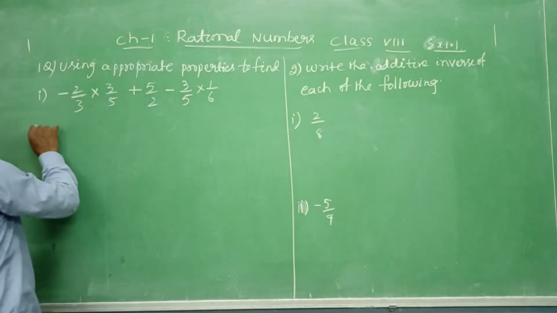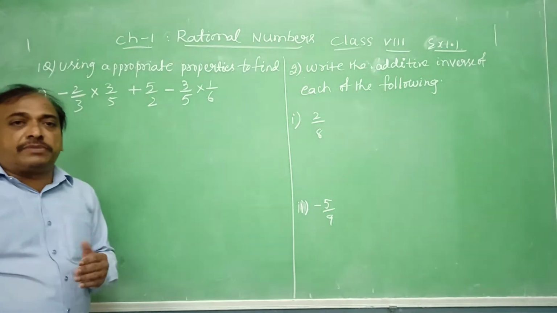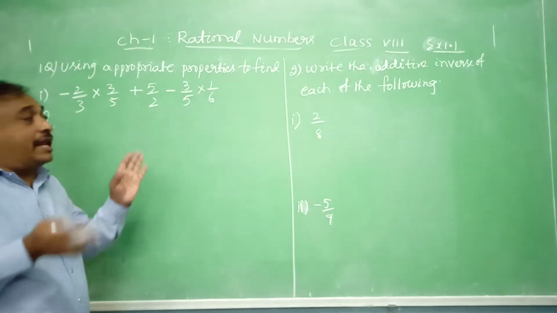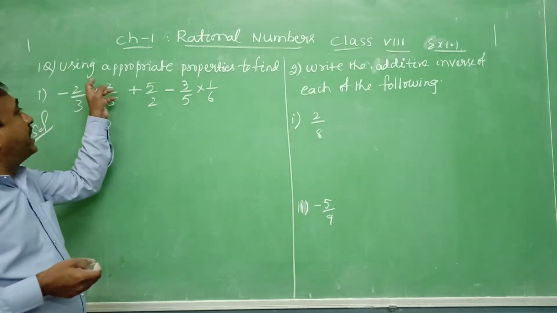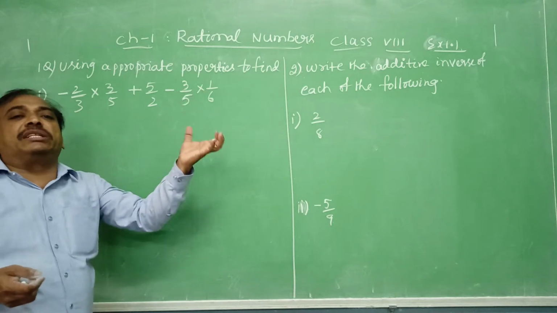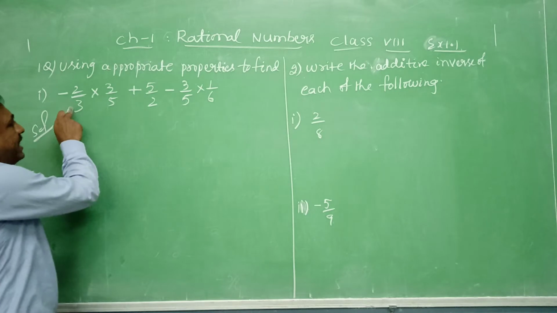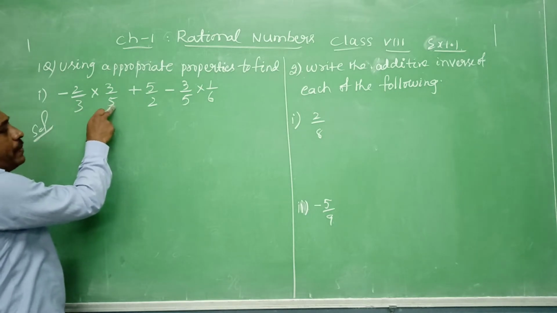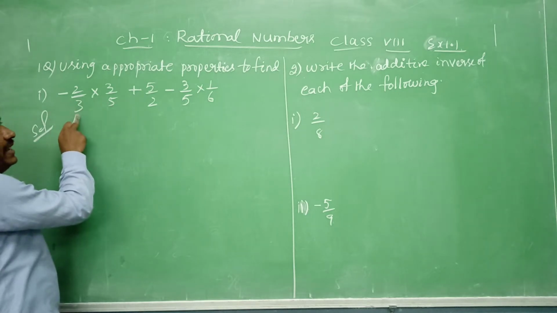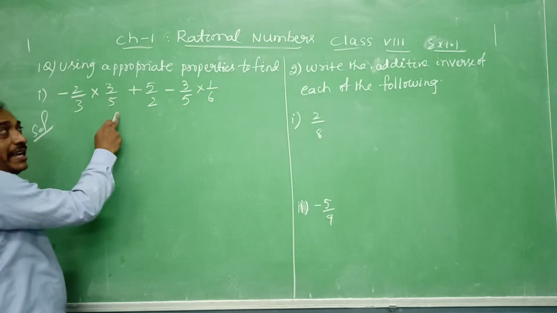When you are doing this, wherever we can use properties, we have to mention the property name where we are using it. Observe it. Minus 2 by 3 into 3 by 5.